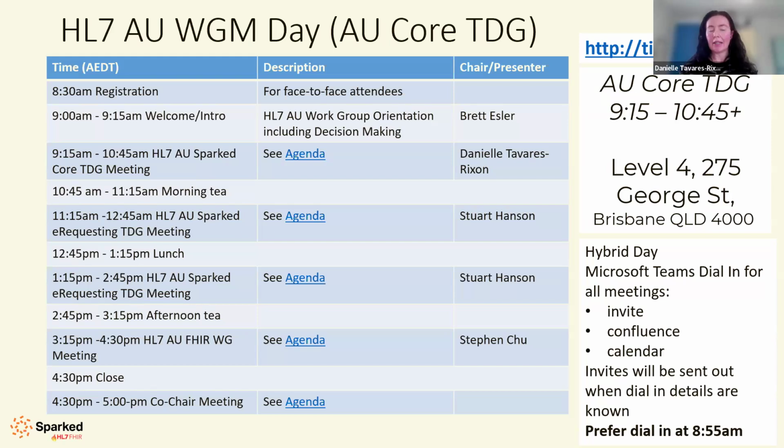We're trying to stagger them as much as possible so that people who are interested in either being there face-to-face or who are interested to dial in can actually go to all the sessions if they want to. In terms of the agenda, there are links off to those, but there's also a tiny URL up here on the right for that page on where the agenda and all the information is.